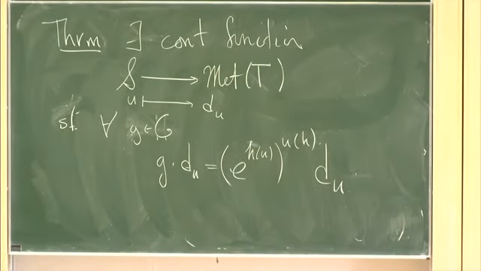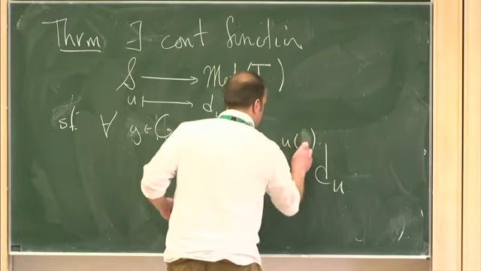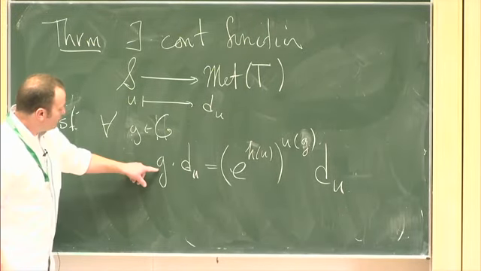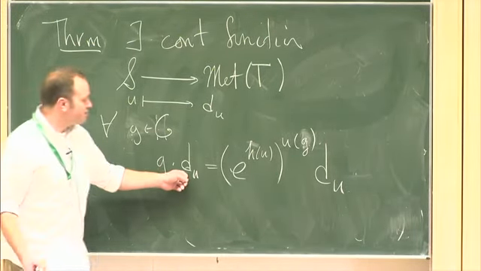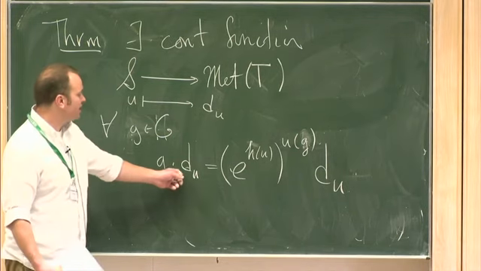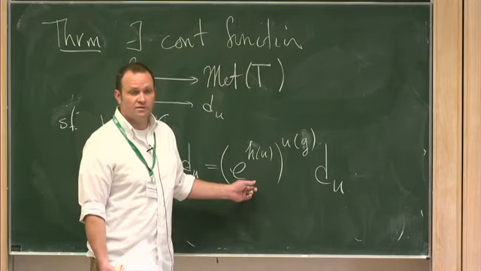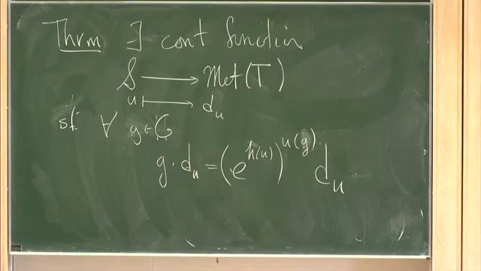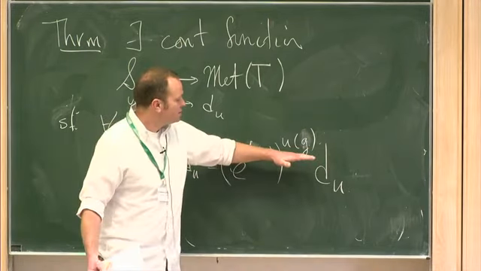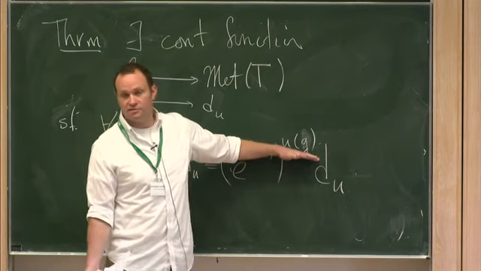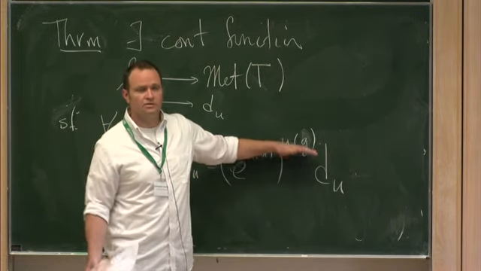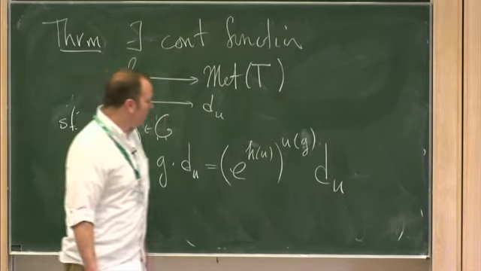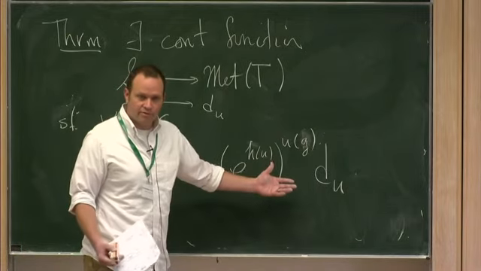Okay, so what is this saying? Not h. So what is this saying? This says that when I apply the map G, it changes the metric in some predictable way. Namely, it's a homothety where I'm scaling exactly by essentially this function that we wrote down over here, raised to the value of u on the class G. So in the case where u was integral, for example, then this is exactly the metric that I was describing before.